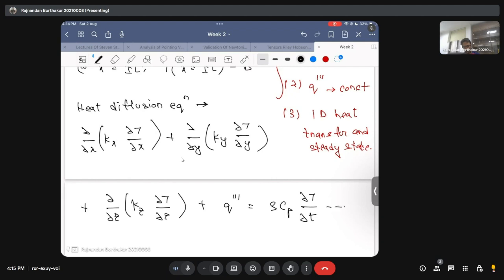So this is the most general form of the heat diffusion equation, and I'm sure this has been derived in the theory classes.